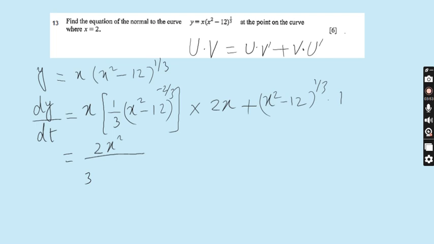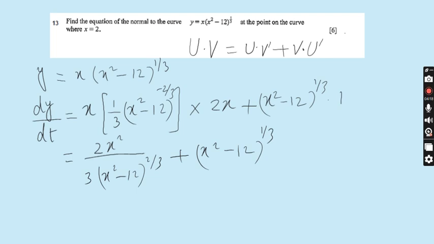So 3 remains in the denominator, and this (x squared minus 12) to the power minus 2 upon 3 becomes positive 2 upon 3 if we move it from numerator to denominator, plus (x squared minus 12) to the power 1 upon 3.